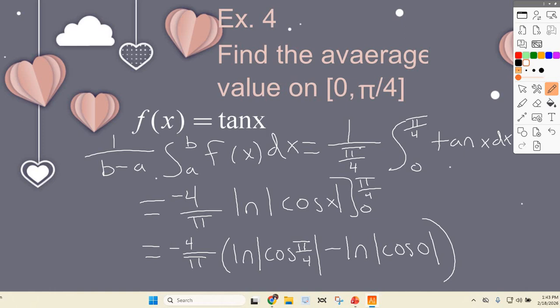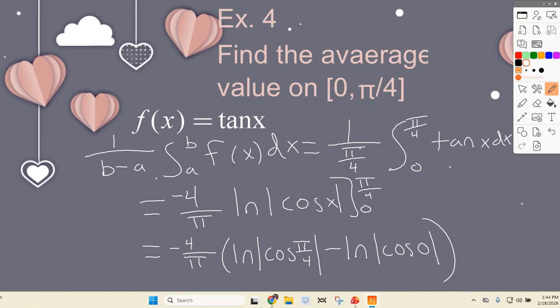Have I evaluated my integral function? Did I plug in my bounds? Yes, which means that we have evaluated our integral. Anything else from there would just be numeric computation, which we do not have to do. So if we struggle with our trig values, stop while you're ahead, and that is a fine answer.